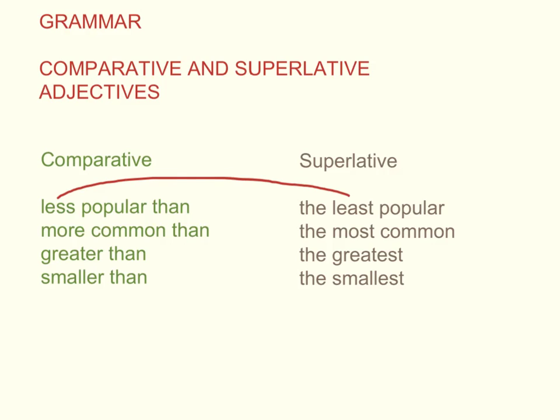The corresponding superlative adjective for more is the most. If you want to compare adjectives that are less than 2 syllables, use ER and than, greater than, smaller than. If you want to show something is the superlative and you have a word that's less than 2 syllables, use the plus EST.